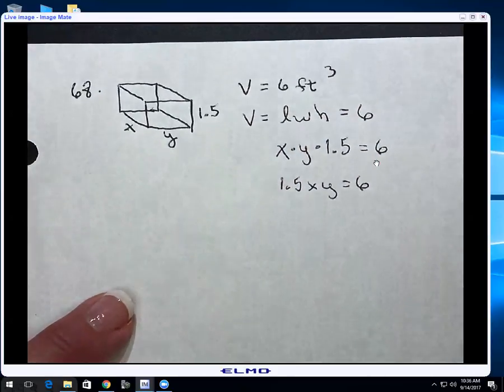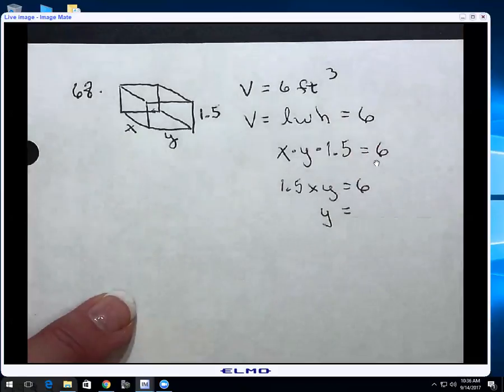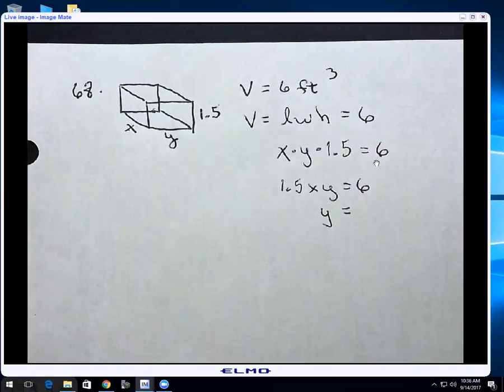So if you want a formula for y in terms of x, how could you get the y by itself? Do something legal to get it over there. Is it added? Divide.